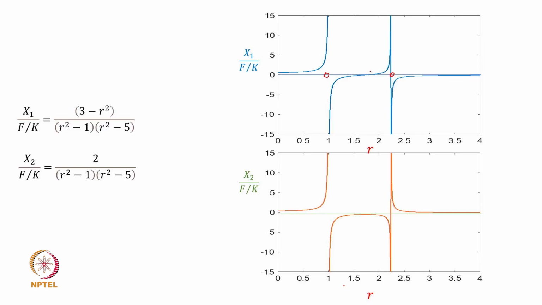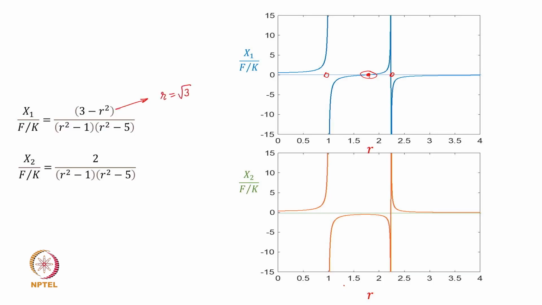But what is interesting is this position where mass m1 of the two masses would have its response 0, and that happens when the numerator becomes 0, which actually means that when the speed ratio is equal to square root of 3.